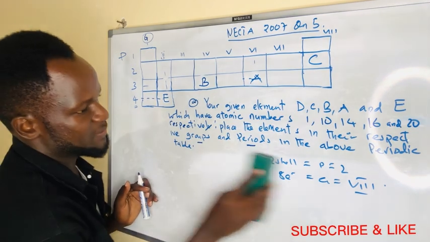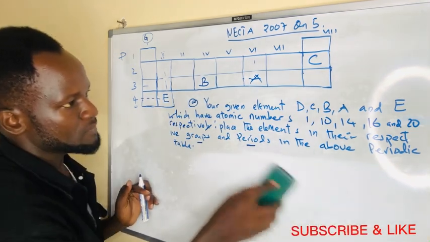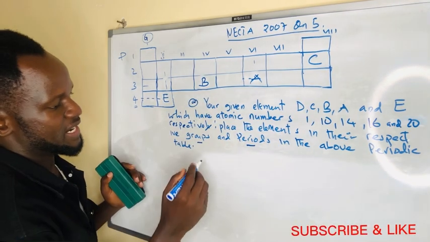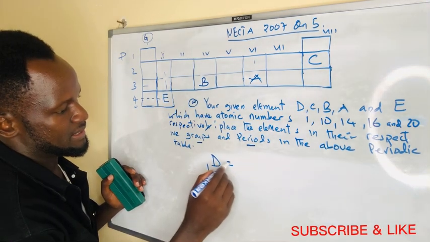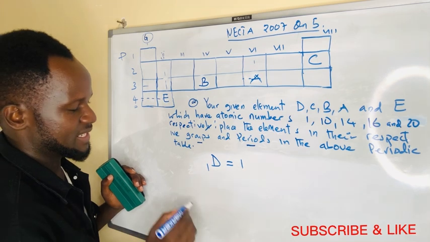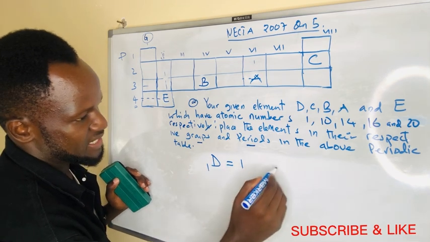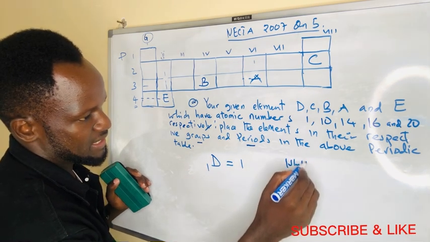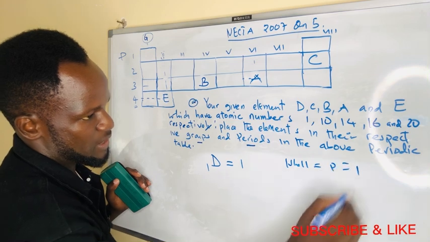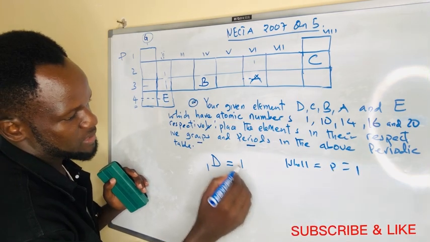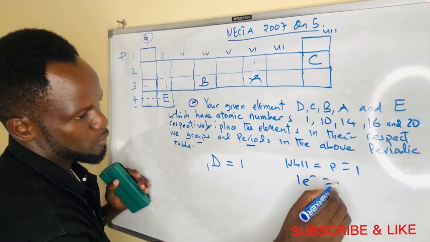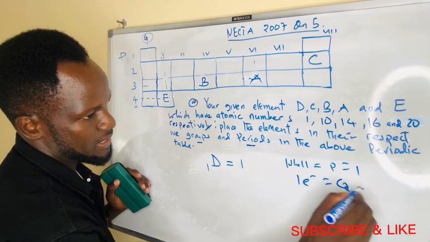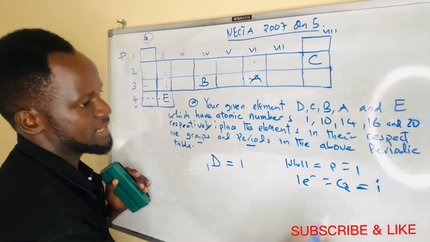Let's finish by writing the electronic configuration of letter D. Letter D has atomic number 1. How many shells? 1 shell, representing period 1. The outermost shell contains how many electrons? Just 1 electron, which determines group number 1.